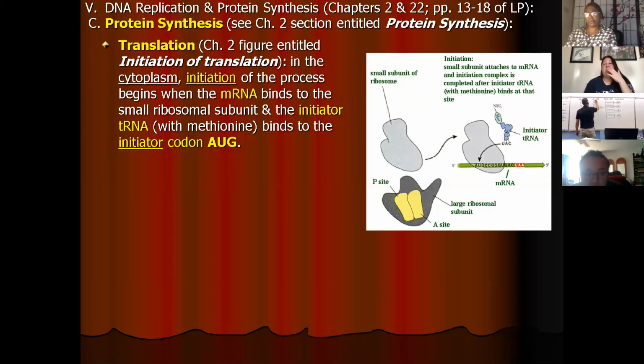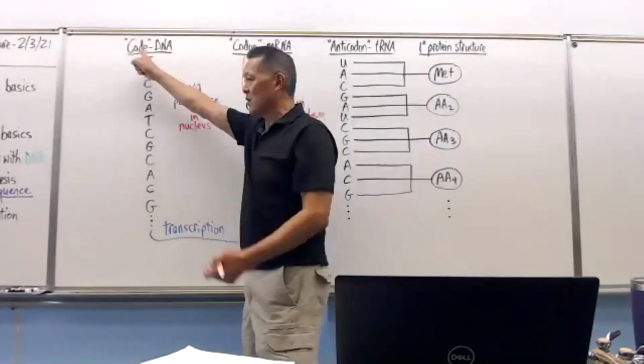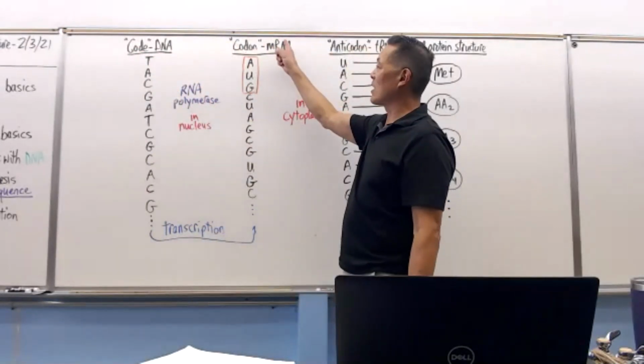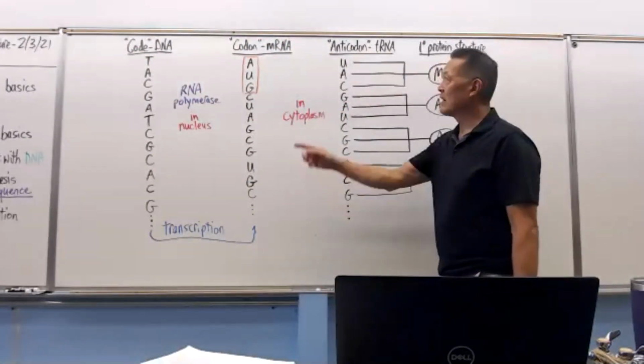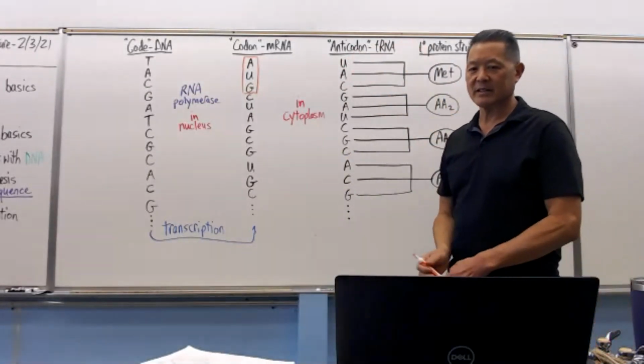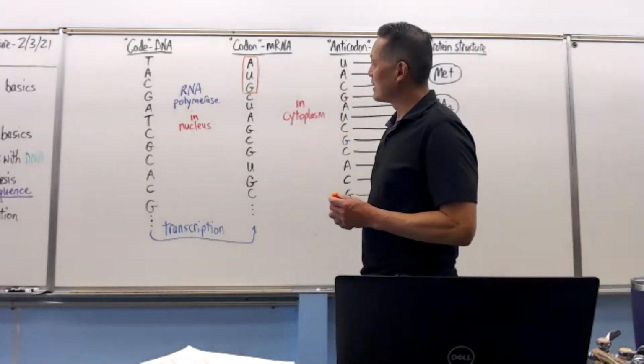And that's why this was not random letters up here. Remember that codons are always on messenger RNA. This is the code or gene on DNA. This codon is on messenger RNA. Anticodons are on transfer RNA. Got to have that straight. And the initiator codon is AUG.